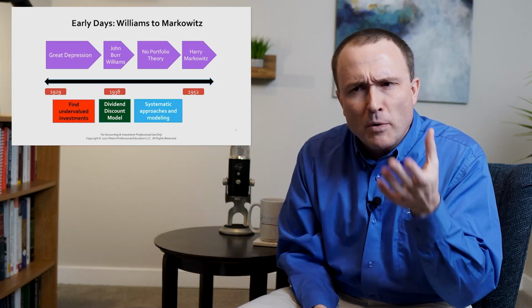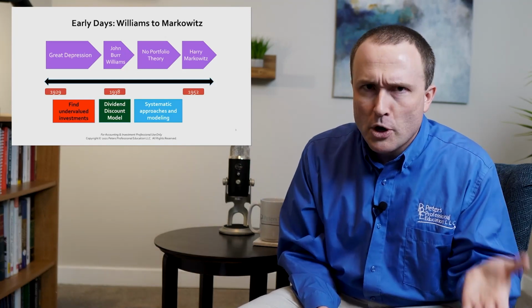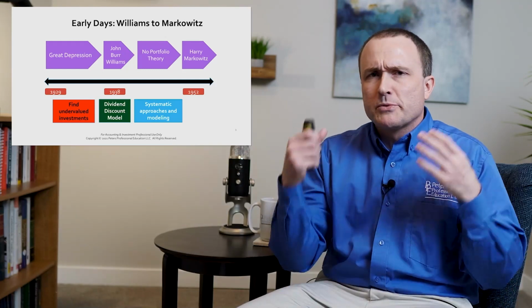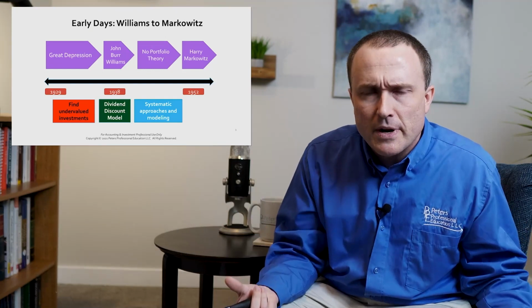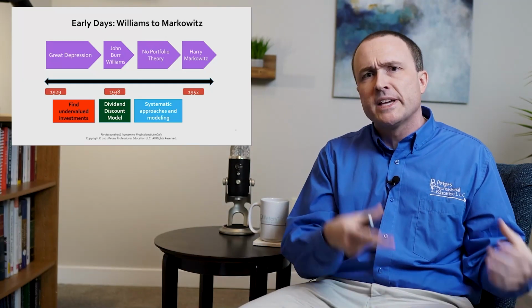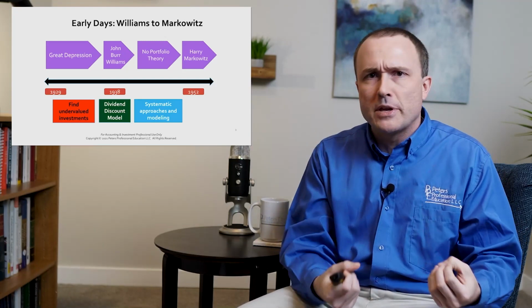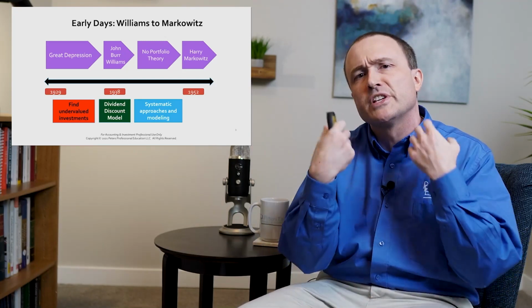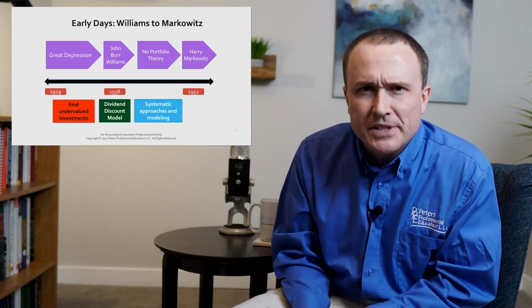But the game really changed in 1938 with a paper by John Burr Williams. John Burr Williams was the first pivot point in investing history, because what he said was that companies have a fundamental value. There's an inherent value, an intrinsic value, that a company has. It's not just about supply and demand.